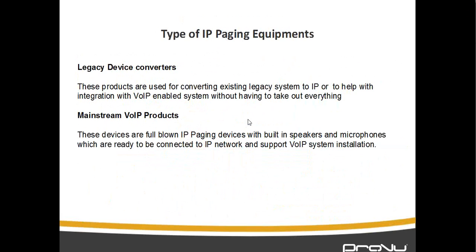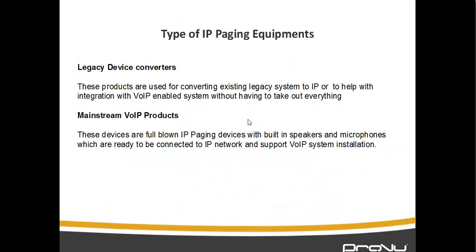Now, we have customers who are using ATA devices, like analog to VoIP converters, and they work fine, but they're not really designed for that sort of use case, at least not for paging or music streaming. First of all, they use narrowband for converting audio, so the audio quality is not really great. The second thing is it doesn't allow you to control the amplifier.